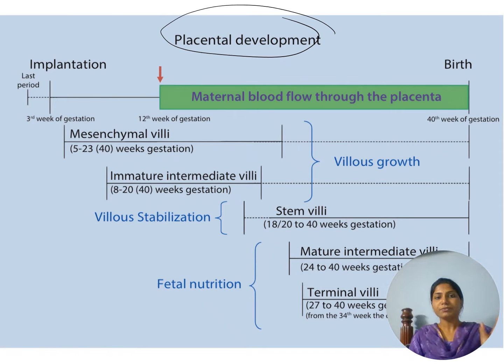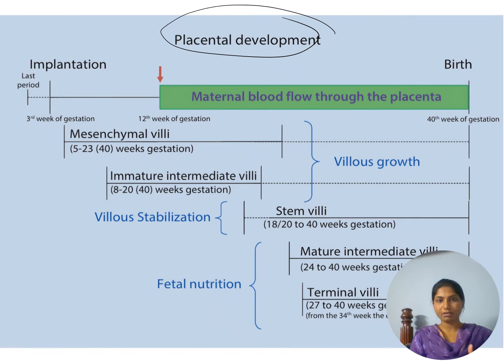The first formation of the tertiary villi are called the mesenchymal villi, and then there are the immature intermediate villi, and then there is the stem villi, and then we go into the mature intermediate villi, and lastly there is formation of the terminal villi, which are very important. All these are tertiary villi only.